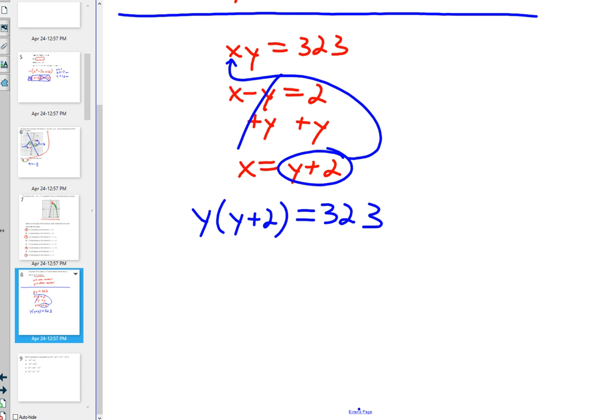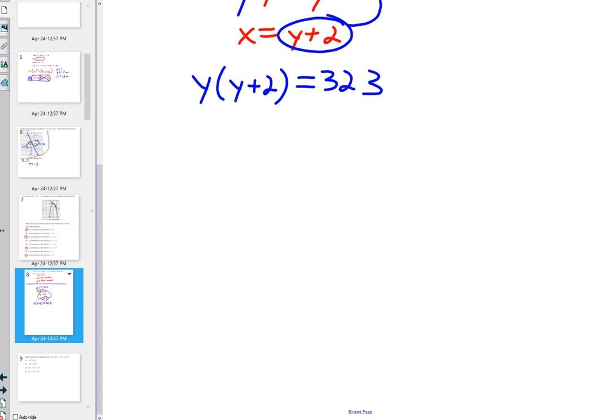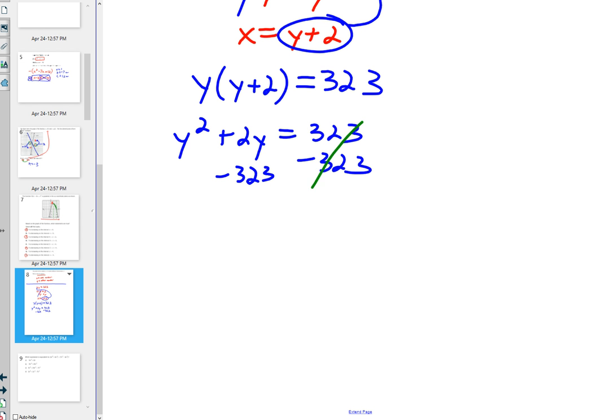Because if this equation had been equal to 0, I could solve already. I could just use zero product property and split it. But because it's equal to 323, I'm going to have to put everything on one side. Y squared plus 2y minus 323 is equal to 0. So I bring everything over to one side.